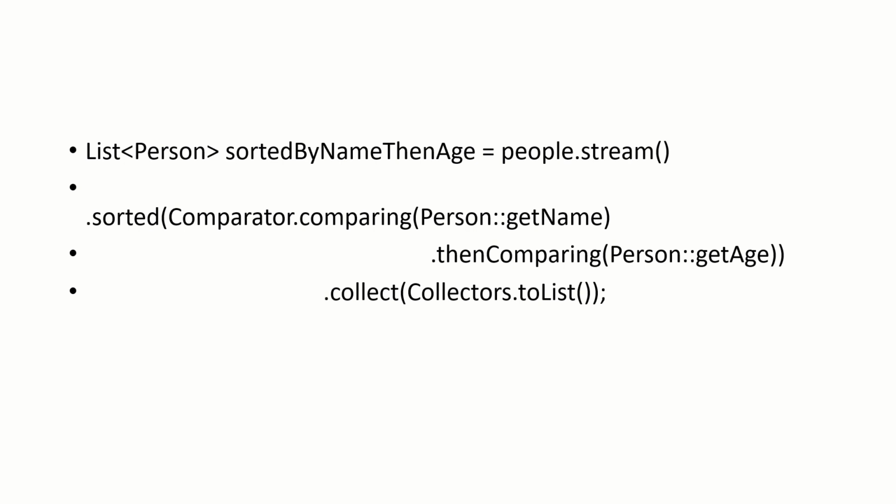So first we are sorting the list of persons based upon the name, and then we are comparing them based upon the age and then collecting it. So yeah, this is about the comparator and the comparable in Stream API.